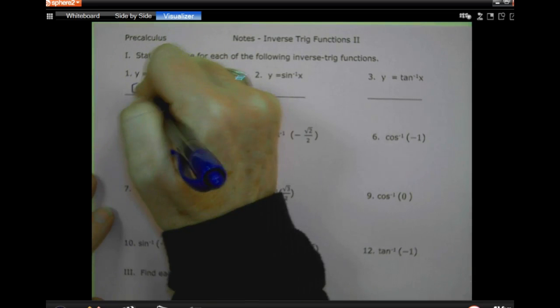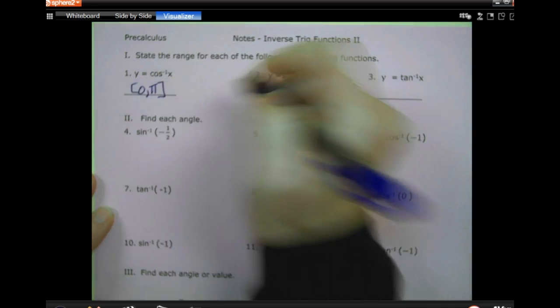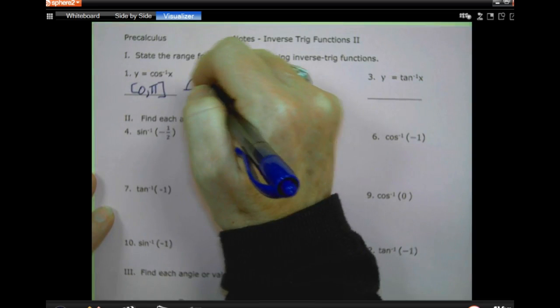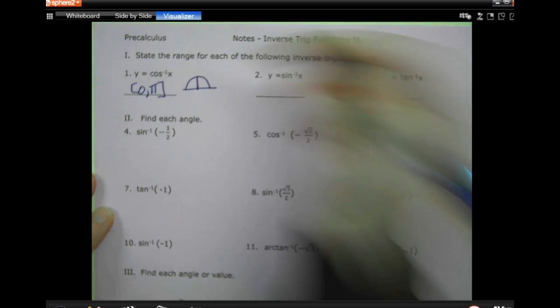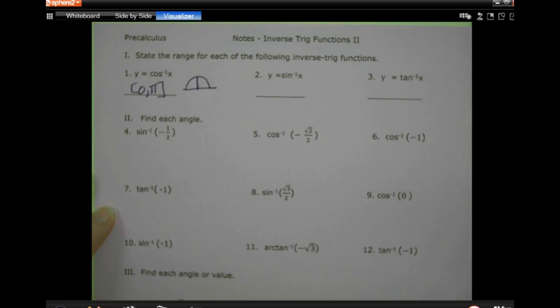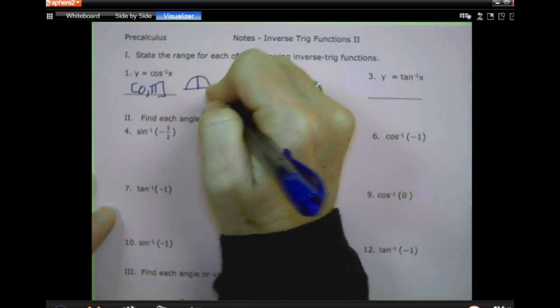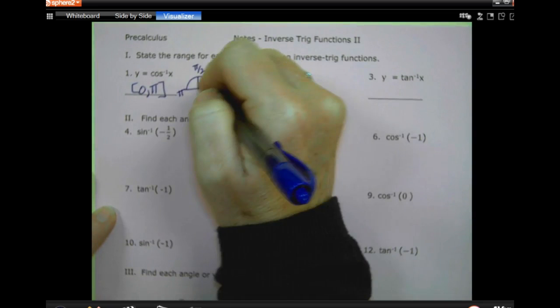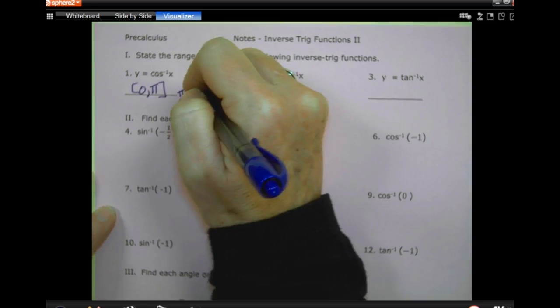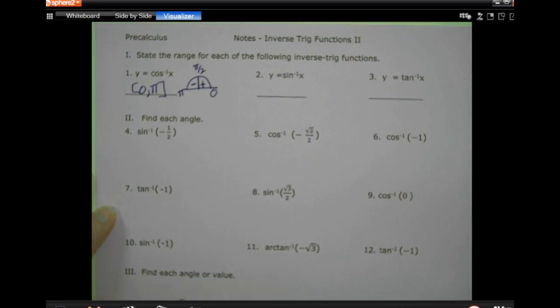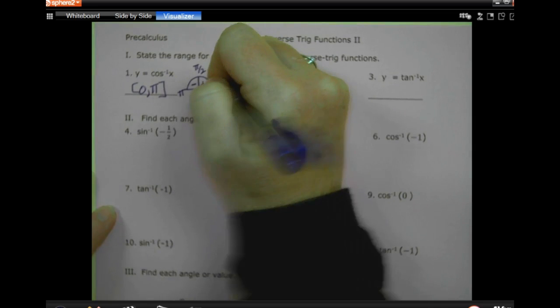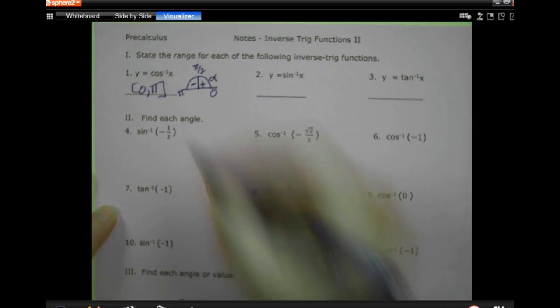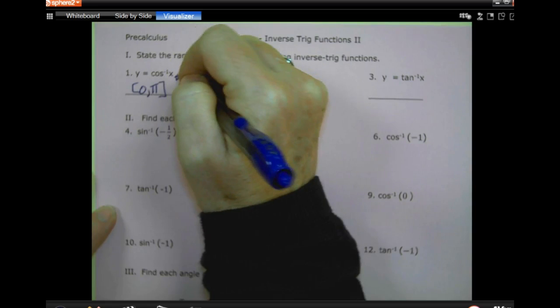So this is 0, this is pi over 2, and this is pi. I know this is the positive side and this is the negative side of cosine, because it's a positive x and negative x. And so this side is my reference angle, and this side is pi minus the reference angle.